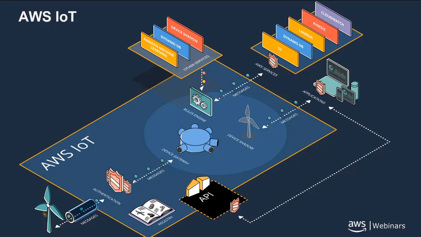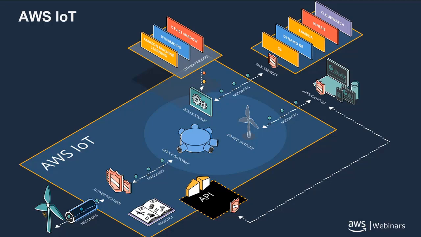So the shadow is very important. We can use it for things like firmware updates, because we can look at the current firmware of a device through its shadow. We can tell the device, hey, on this date and time, go to this location where you can fetch new firmware, and then the device can make an update. And then we can also track the updating of that device through its shadow.